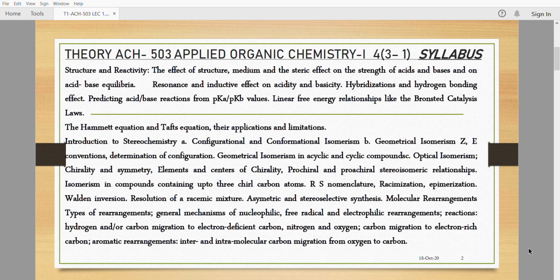Then important reactions with respect to aromatic rearrangements, these could be intermolecular, that is between two molecules, and intramolecular, that is within the molecule. How migrations take place, how migrations take place from oxygen to carbon.